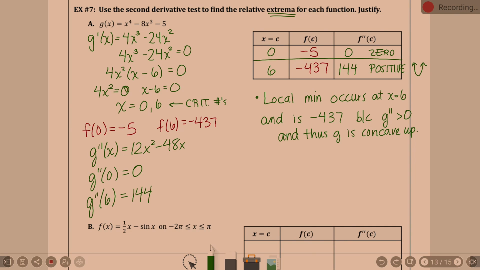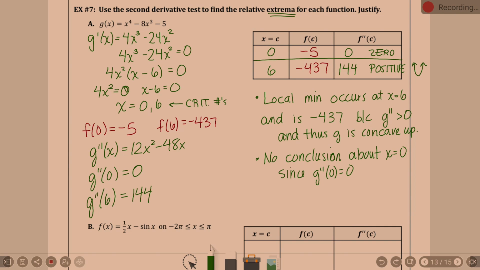So what I'm going to say about this one: no conclusion about x equals 0 since g double prime of 0 is equal to 0.